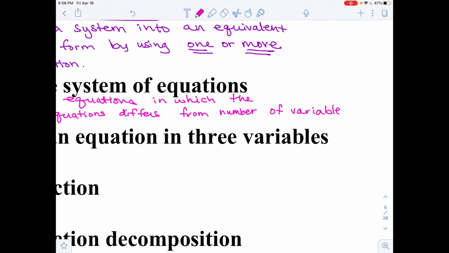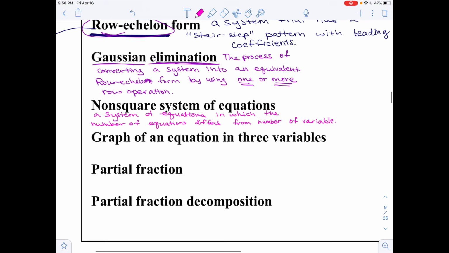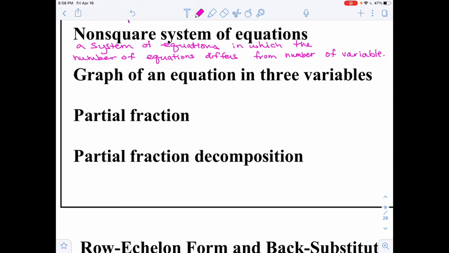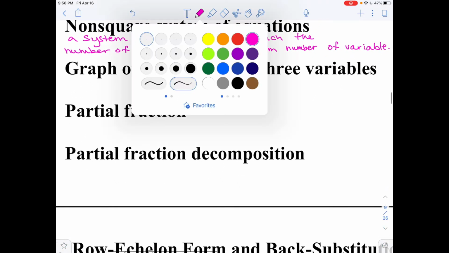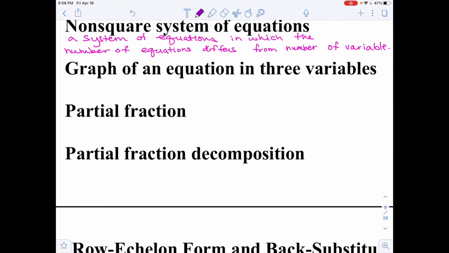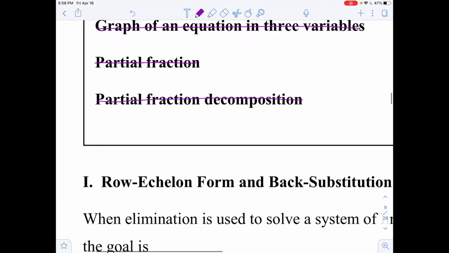So for example, if I have 3 variables and yet only 2 equations, that's a non-square system of equations. We're not worrying about partial fraction decomposition today, okay?